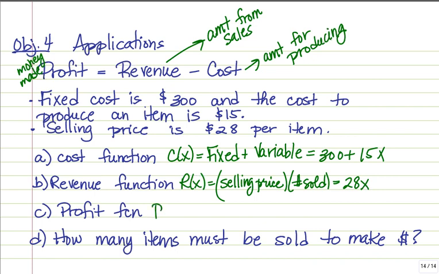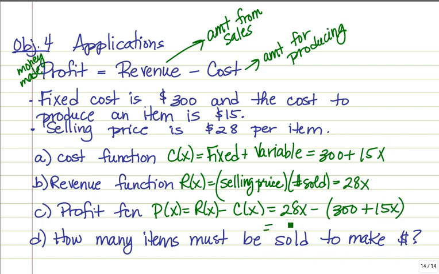So the profit then is going to be P of x, which is going to be the revenue minus the cost. So in this case would be 28x minus, be careful here, we're subtracting off a quantity, so we need parentheses. So we would really have 28x minus 300 minus, what is that? 15x.